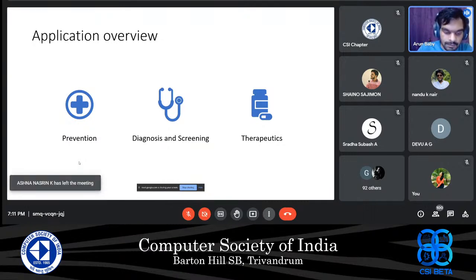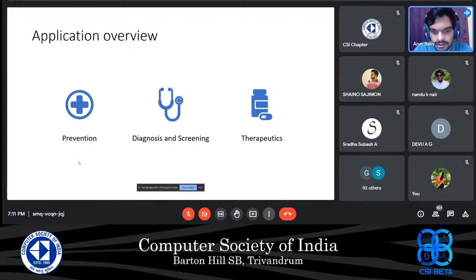Now, coming to the next slide, we have a lot of places where AI can be applied in healthcare, but right now in this webinar we'll be focusing on three aspects, which are prevention, where the algorithms can be used to detect the risk of a disease way before that disease actually occurs in a person.